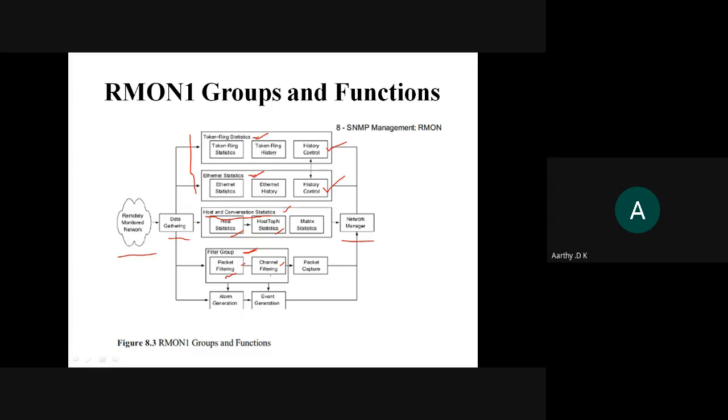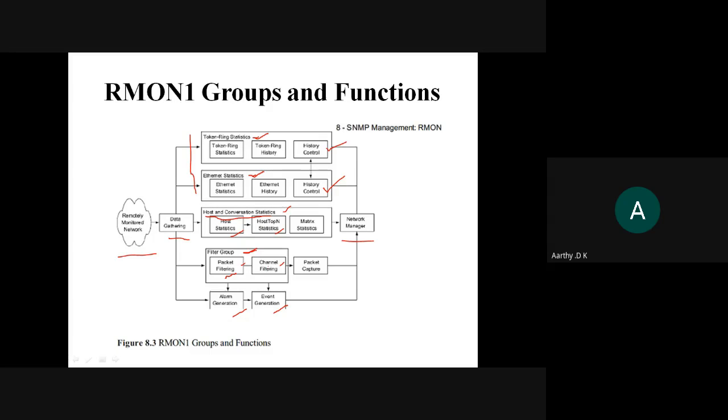So the filtered output is considered as a channel. This output may generate either an alarm or an event also. We are using the packet filter to filter the packets that are coming into your network. Once it is filtered by doing some Boolean XOR operation, the output of this packet filter we consider as a channel.